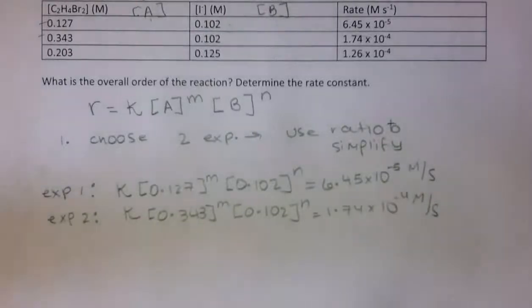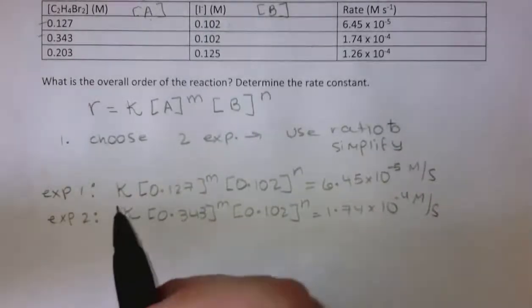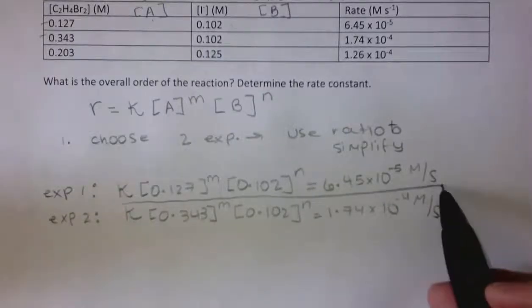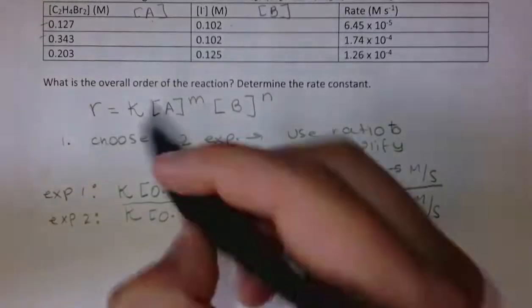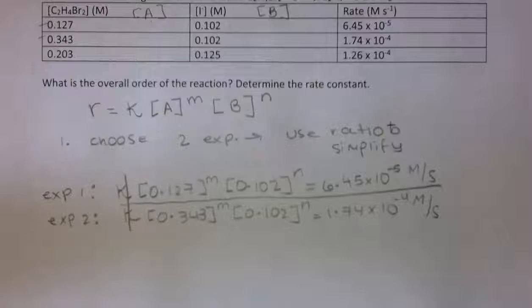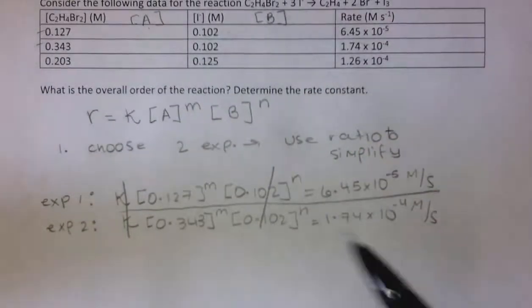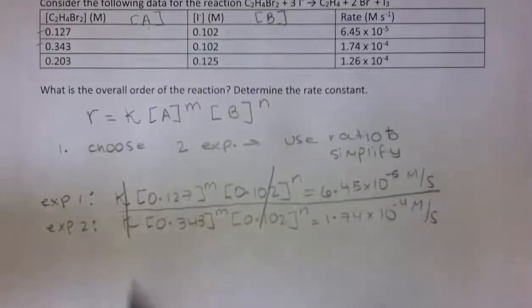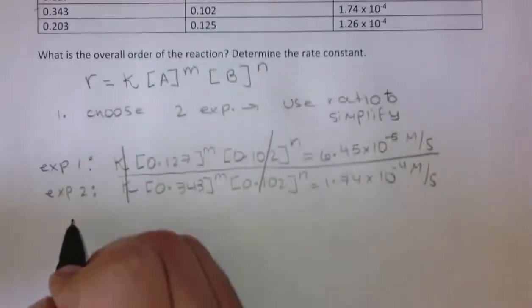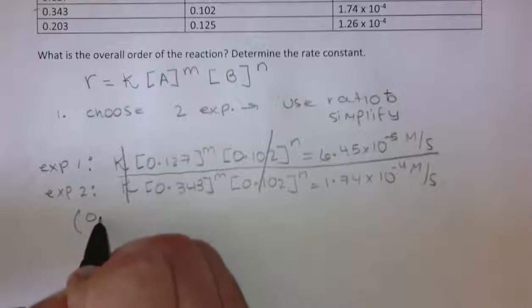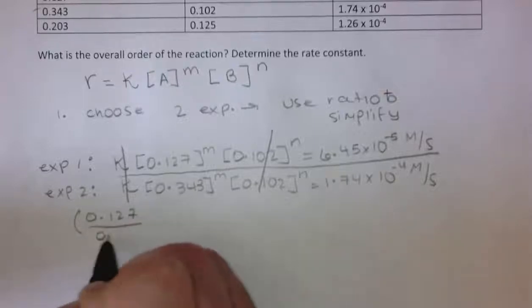And now that we have these 2 expressions written out, we can take the ratio of them, and our K's will end up canceling out. Our concentration of B will end up canceling. And so we're left with an expression to find m, and that can just be described in a more simplified manner, which I'll write here.